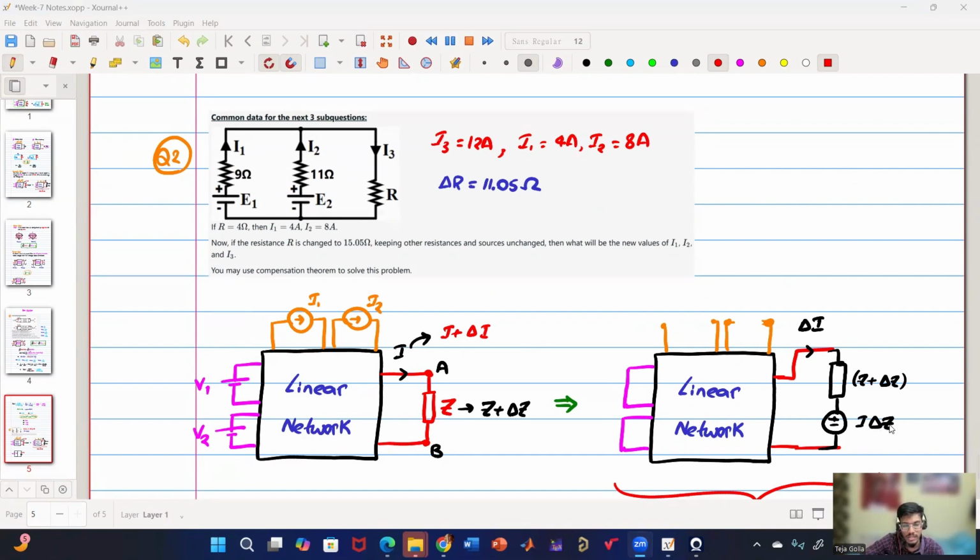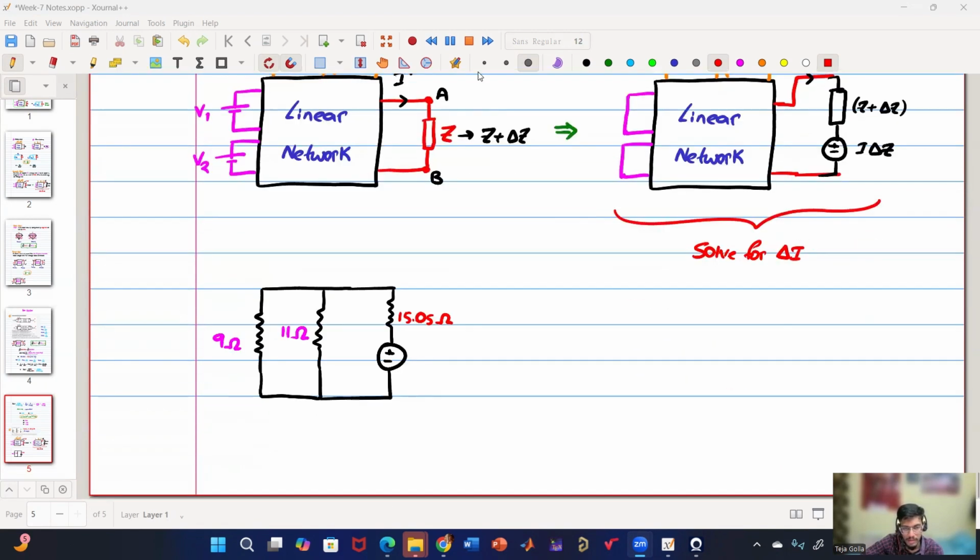What is delta Z? 11.05. Yes. So now what will be the value? I is 12, right? So how much will you be getting? 180.6. No, you made a mistake.